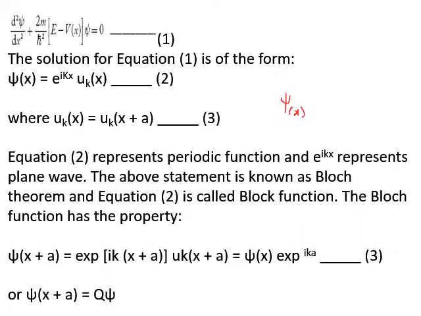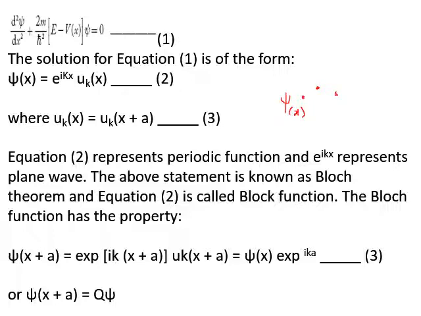What the electron is doing is moving in a periodic potential, and the simple example of periodicity is the circle. So when the electron is moving in a periodic potential, it is moving in a circle.